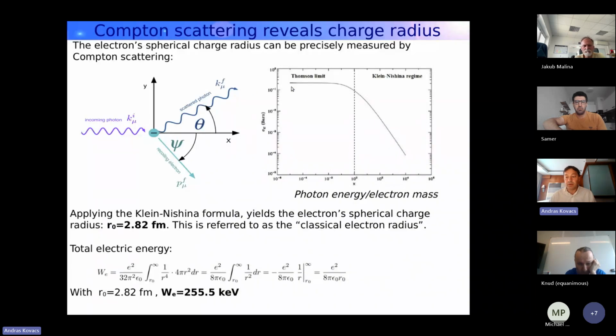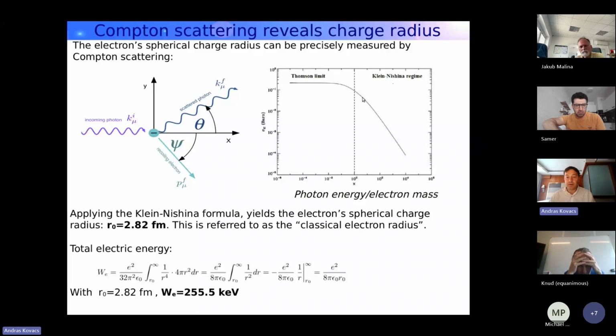The phenomenology of light scattering depends on the light frequency relative to the electron mass. With low frequency light, we have the Thomson scattering phenomenon, and with high frequency light, we have Compton scattering, which is described by the so-called Klein-Nishina formula.